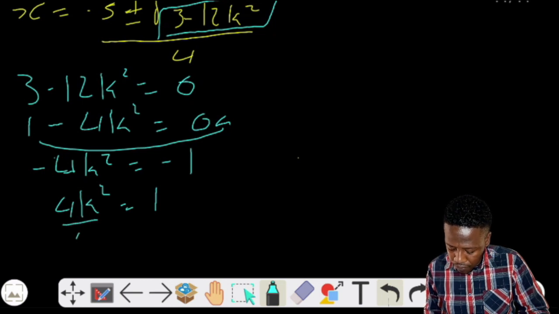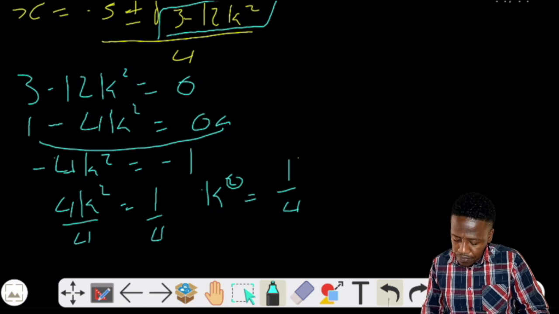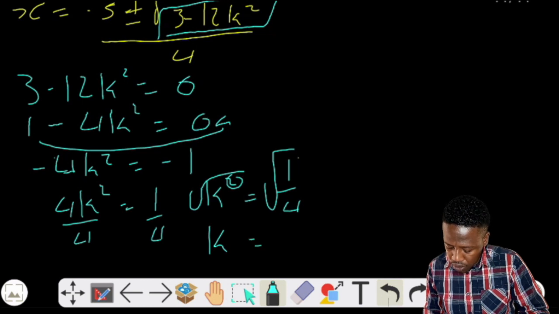Let's divide by 4 on either side, and we are left with k squared equals a quarter. And let's get rid of our squared by using a square root, meaning we are left with k equals plus or minus a half.